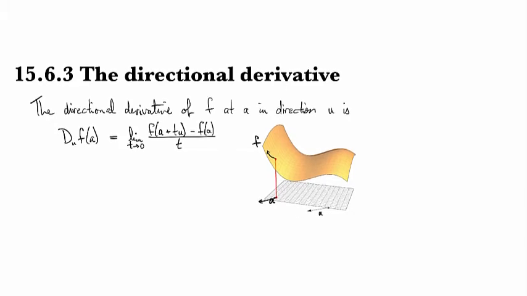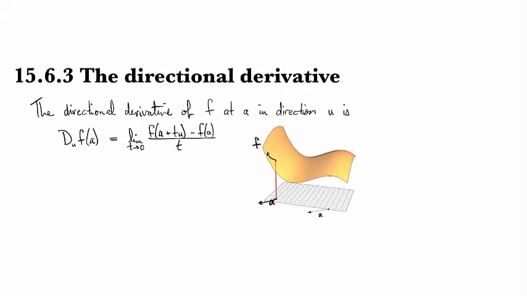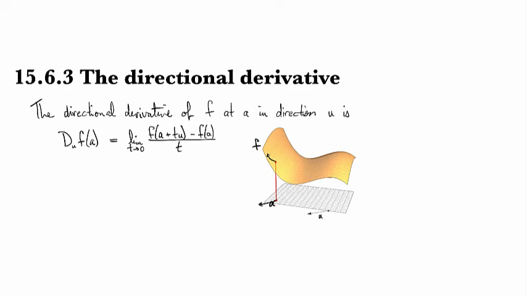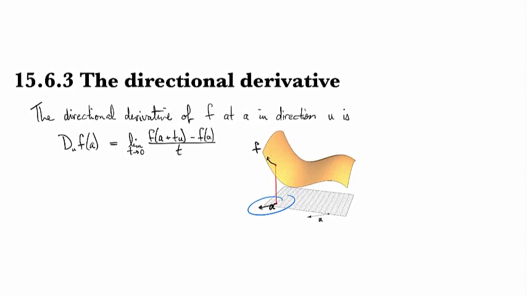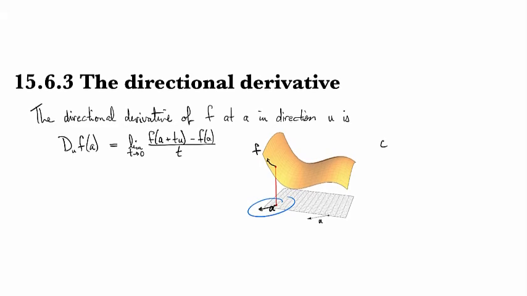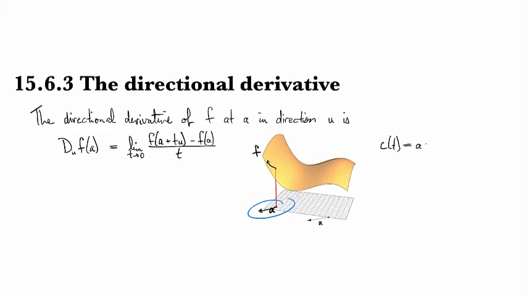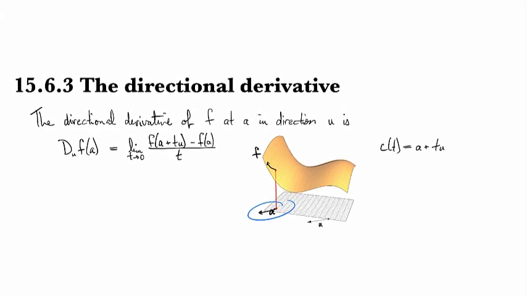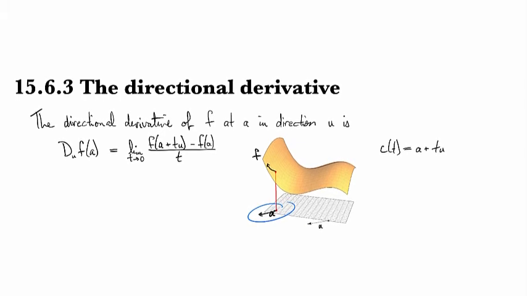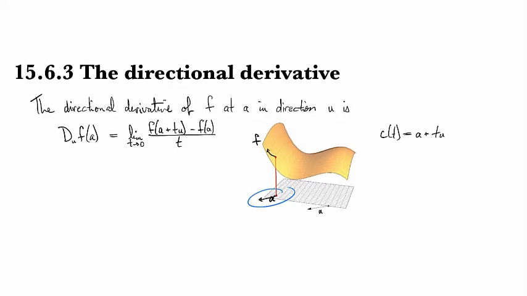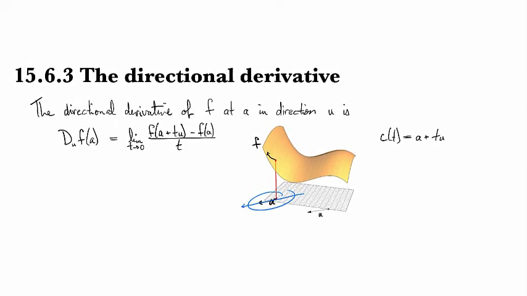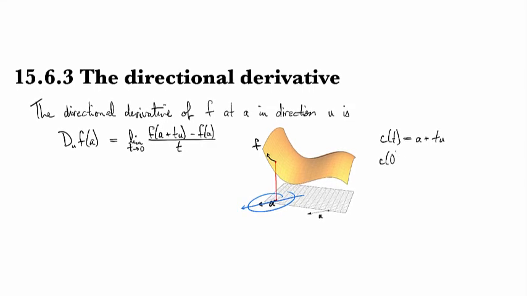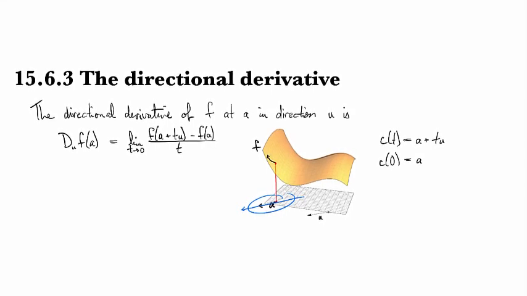Now, to make that precise, a handy idea is to say, let's parameterize this path that passes through a in the direction that we want. And luckily we know how to do that. If we take c to be a plus tu, then we're going to have the parameterization of this line passing through that point exactly when we want, by which I mean that c of 0 is just a.